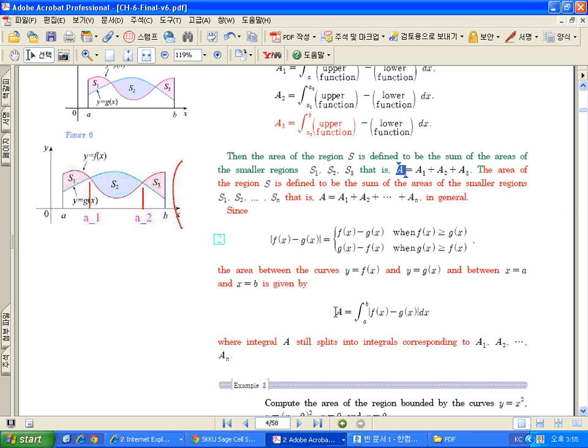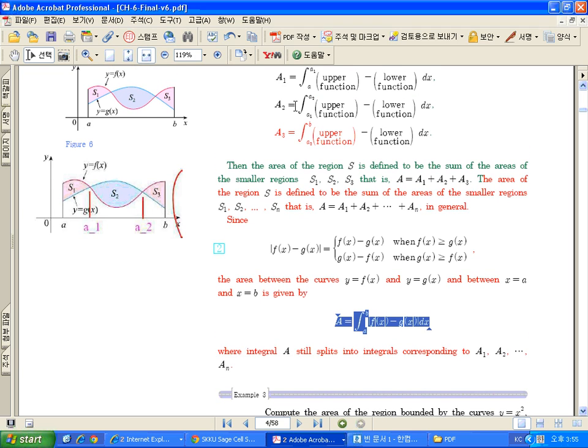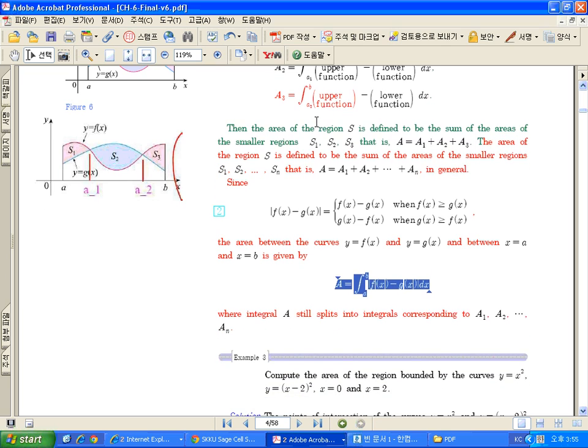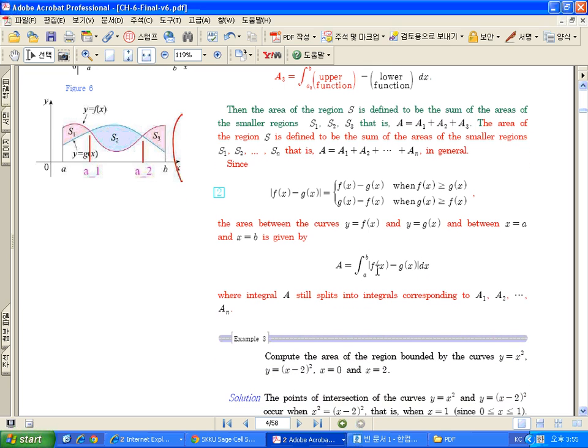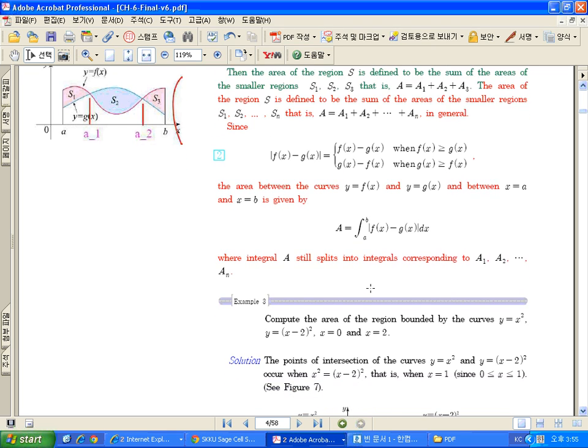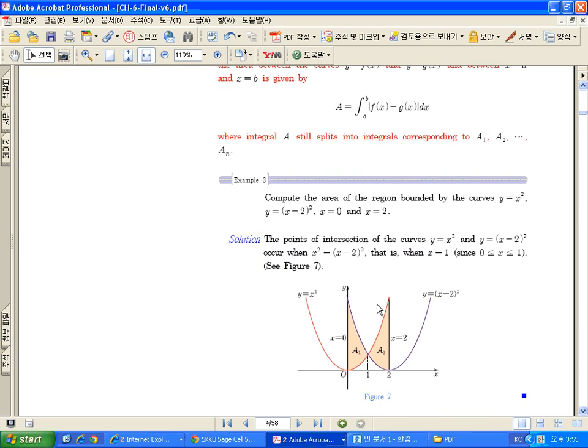So even though you have many different intervals where different graphs are above the others, all you have to do is take the absolute value and take the integral over the whole interval. It's like this.